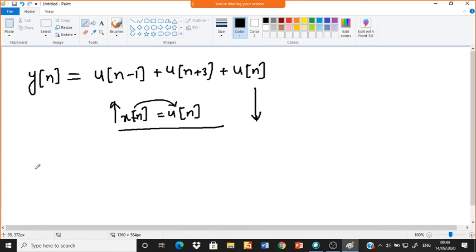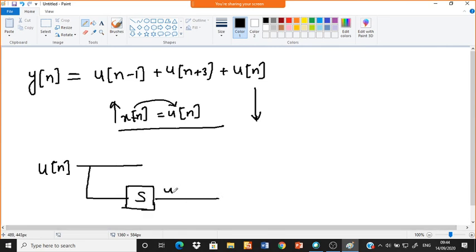So how will we get y of n? x of n is u of n, right? So this is one signal, and if you shift one time, that is s, you will get u of n minus 1.